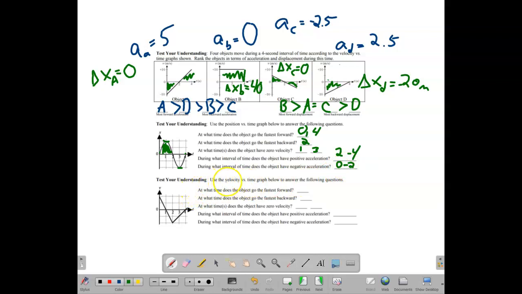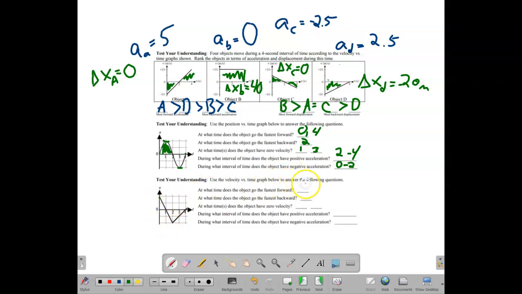Last one on this page, use the velocity versus time graph to answer the following questions. When does the object go the fastest forward? All right, it's going to be a little bit different. The fastest forward is when we have the greatest possible positive velocity.